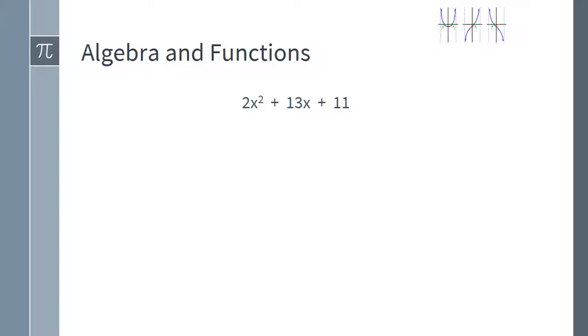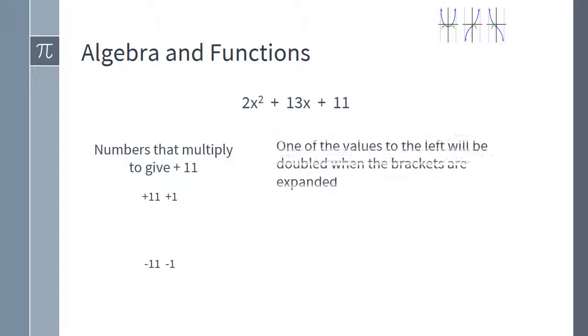2x squared plus 13x plus 11. So numbers that multiply to make 11. There's not a vast number of these. It's either 11 and 1 or minus 11 and minus 1. Again, it's 2x squared, so one of the terms must be doubled. So it's either plus 22 plus 1 or plus 11 plus 2, or minus 22 minus 1 or minus 11 minus 2, doubling one of the terms.